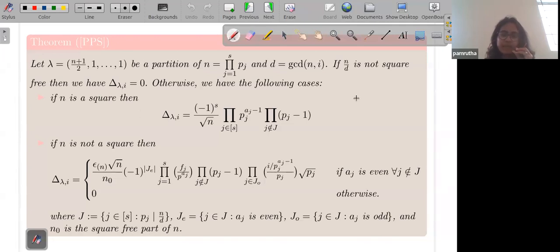So, as I have mentioned, delta lambda I was the difference of a lambda I plus and a lambda I minus. And I also know that a lambda I was a lambda I plus plus a lambda I minus. So I just added this value of delta lambda I. From this, we can actually get the values of a lambda I plus and a lambda I minus.